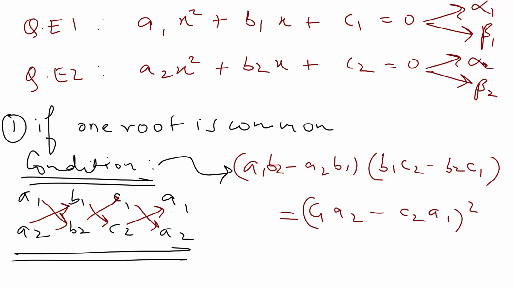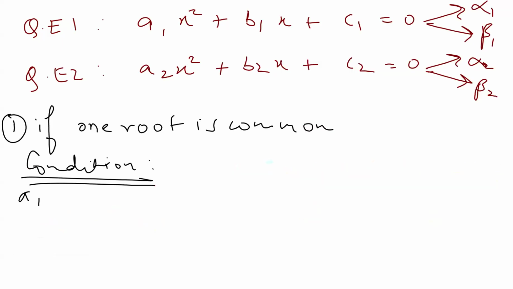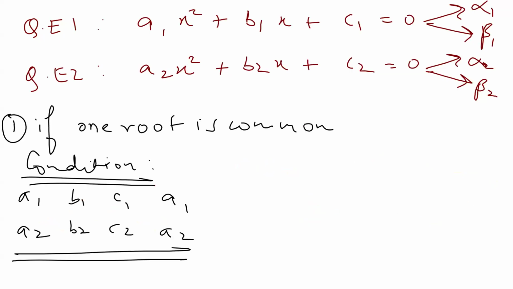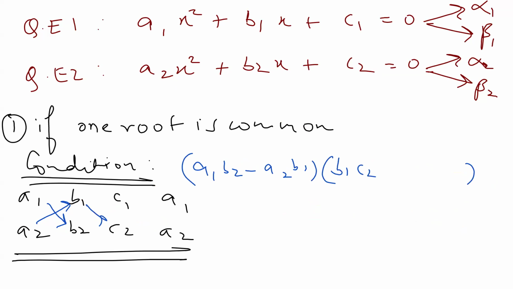Right hand side it will be square. In the right hand side it will be square. So I'll explain this once again. I don't want anyone to get confused. Okay. So again I am writing this: A1 B2 minus A2 B1, no square over here, into B1 C2 minus B2 C1 equal to C1 A2 minus C2 A1.